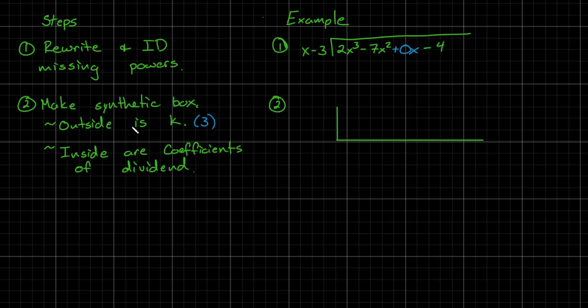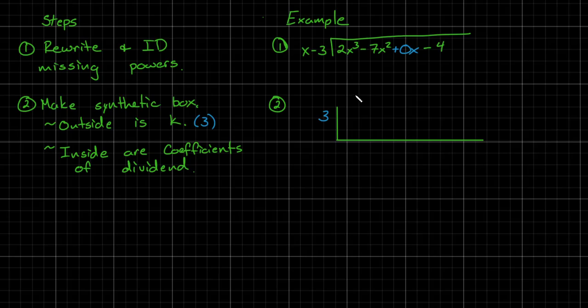Okay. Outside of this box goes k. What is k again in this problem? So I'm going to put a 3 right here. Now, inside the box go the coefficients of the dividend. It's hard to tell, but I have 2 levels here, and that's very intentional.